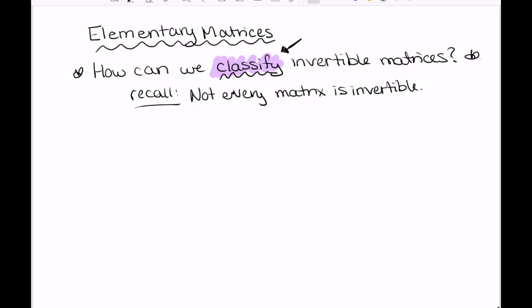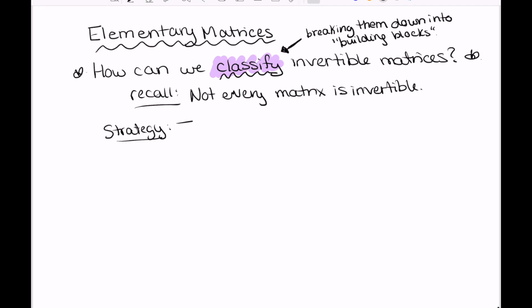Can we say what all invertible matrices are built from? And on the other hand, non-invertible matrices are not built from those building blocks, okay? So the building blocks only build up invertible matrices. In fact, that turns out to be exactly what elementary matrices are.